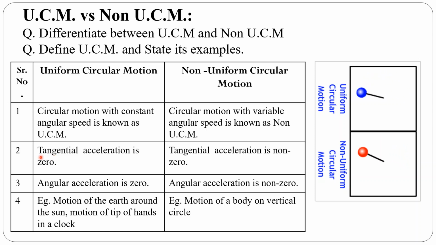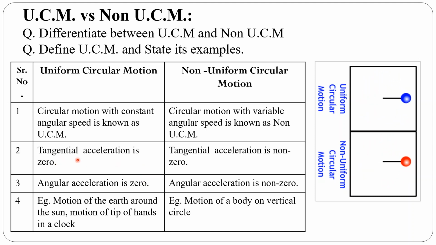The second point is related to tangential acceleration. In uniform circular motion, tangential acceleration and angular acceleration are zero. Why is angular acceleration zero? Because angular speed is constant, so there is no change in angular speed with respect to time. By definition, the rate of change of angular speed tends to zero, hence angular acceleration is zero.